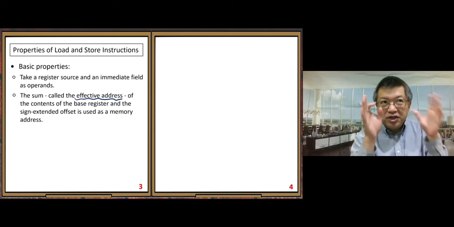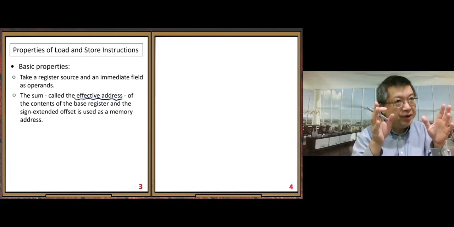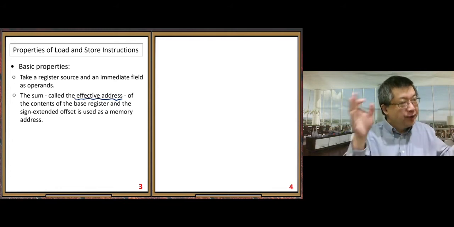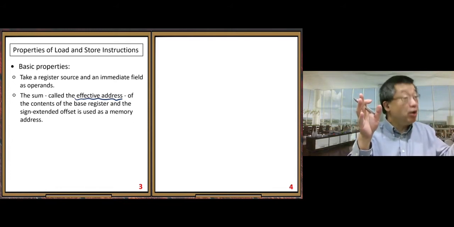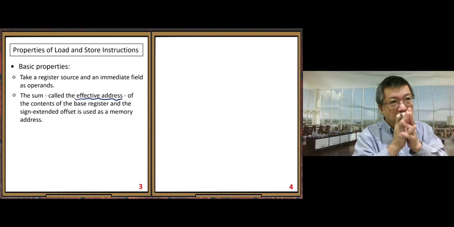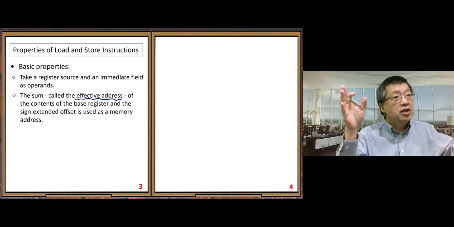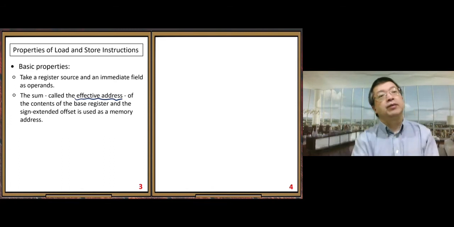Offset, remember, is 16-bit. With 16 bits, you cannot work on it directly. You have to extend it. Two possibilities: one, extend it to 32 bits if your address space is 32-bit; or another possibility, extend it to 64 bits if your address space is 64 bits.